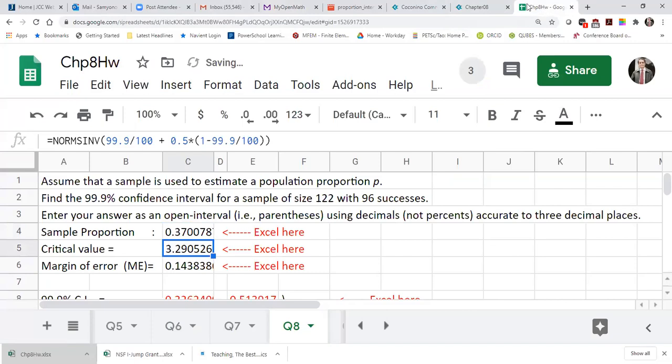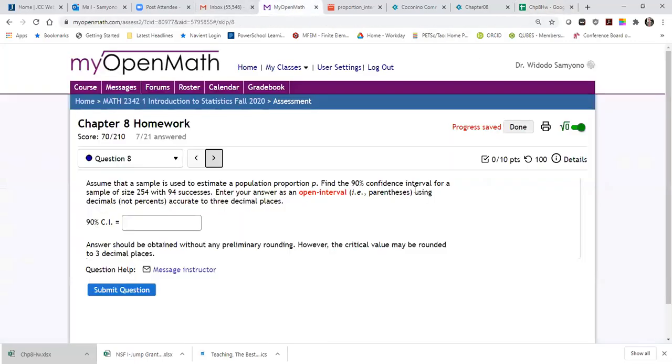Enter. And now you need to see what is the confidence level here. In the Excel, the confidence level is 99.9. So you need to change to your confidence level, which is 90%.